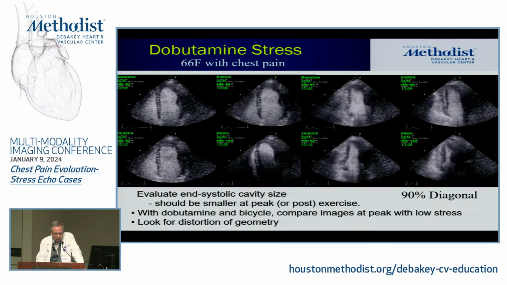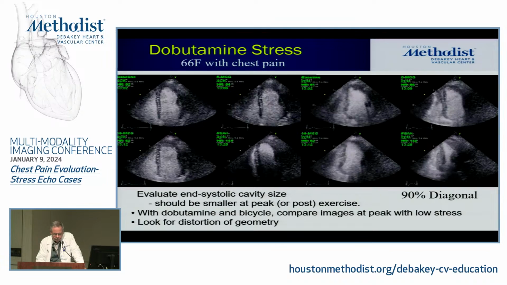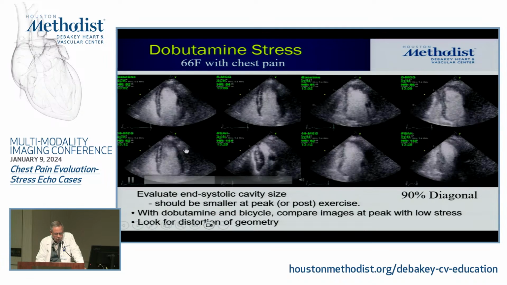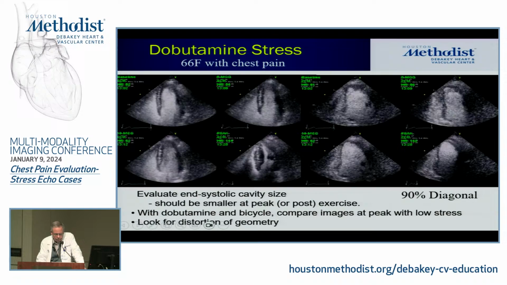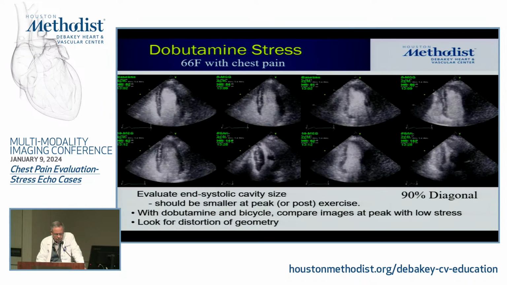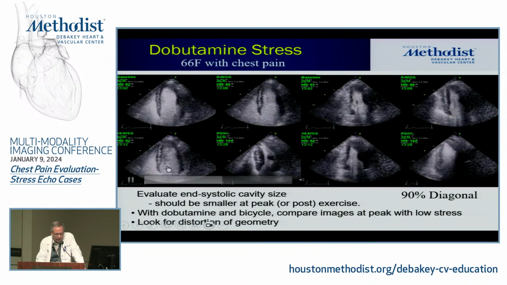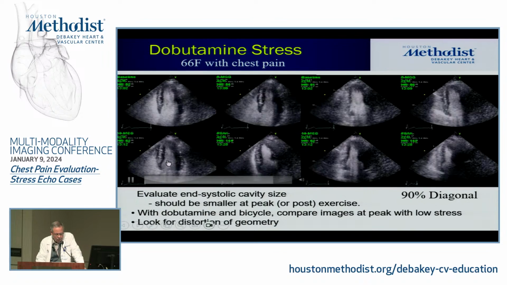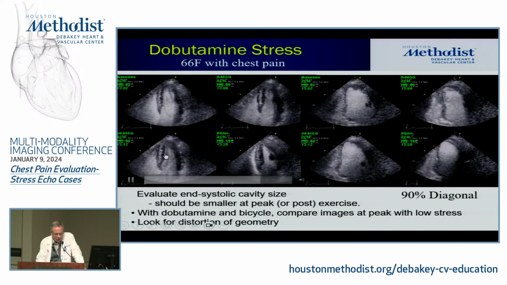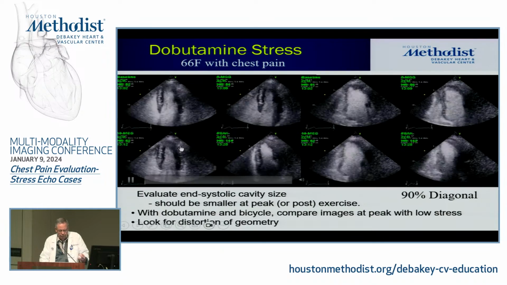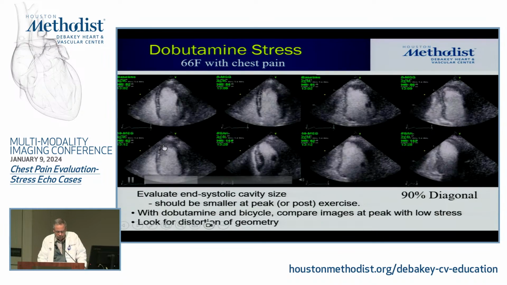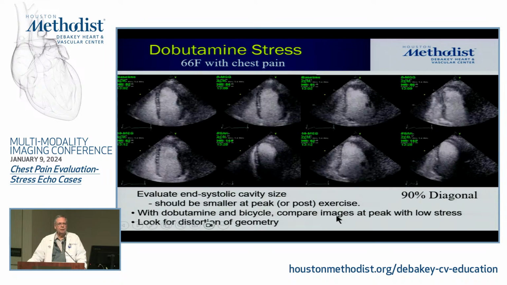In contrast, what do you think is happening here? So here we have 4-chamber views, 2-chamber views. Again, look at end-systolic cavity, including end-systolic regional size, and then compare with this peak stress. And compare this peak stress with a lower dose where you have even more accentuation of function. Anybody sees anything?